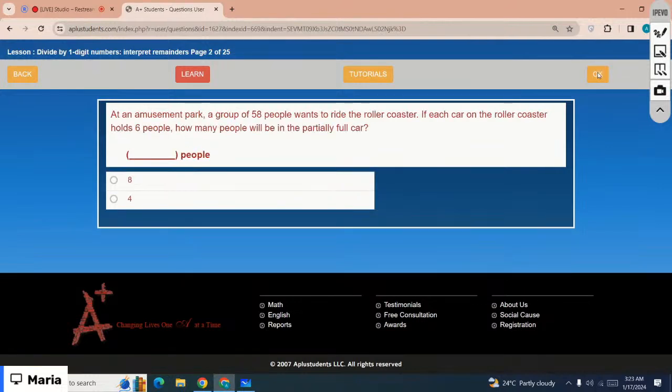Okay, the next one is: at an amusement park, a group of 58 people wants to ride the roller coaster. If each car of a roller coaster holds 6 people, how many people will be in the partially full car? Which is the correct option?